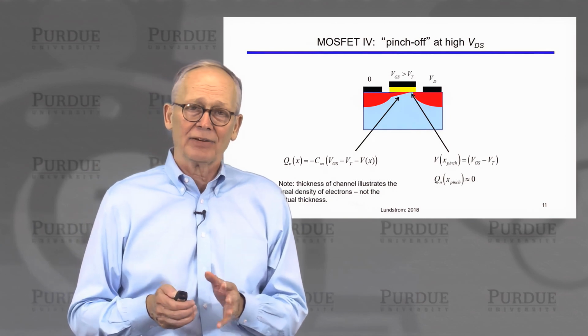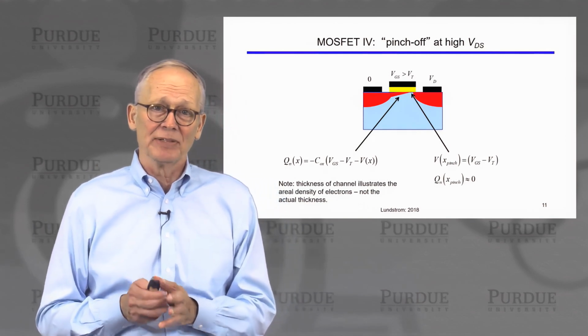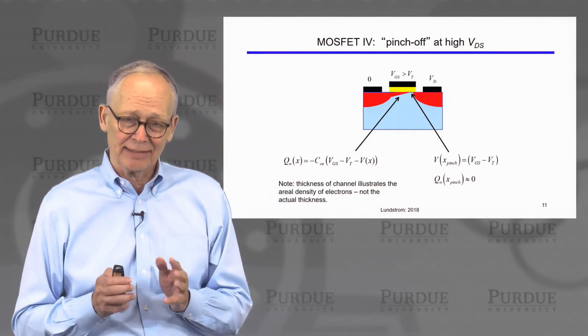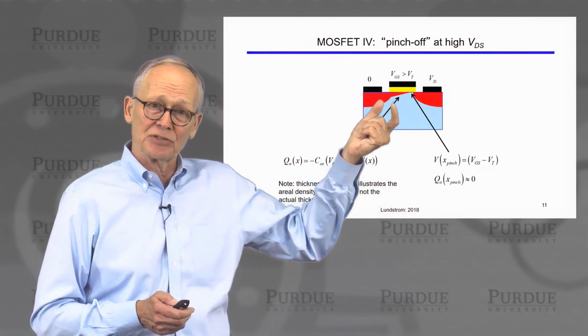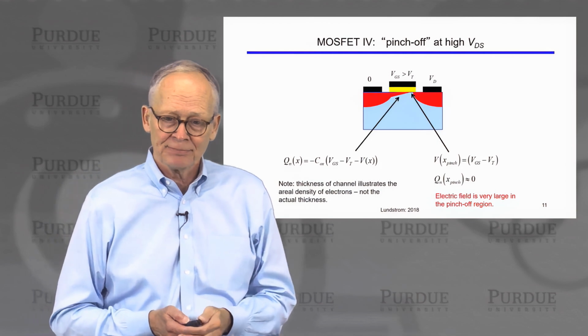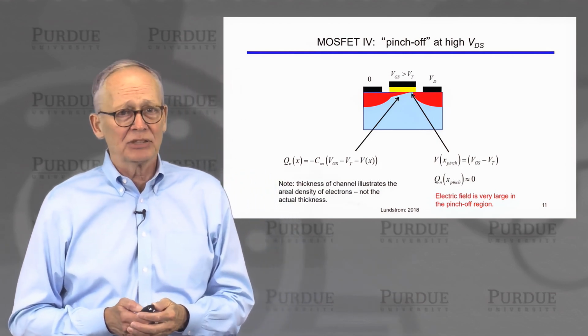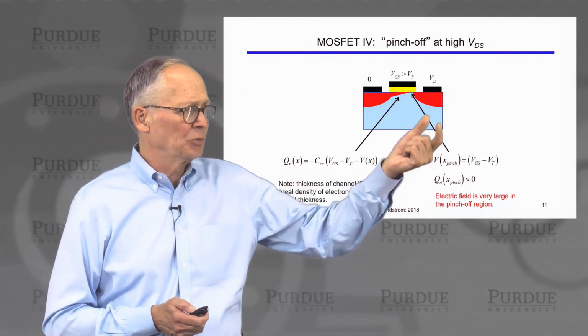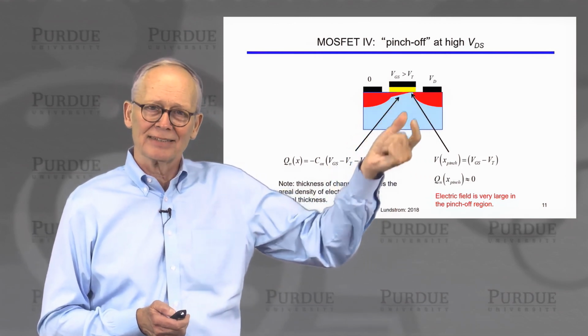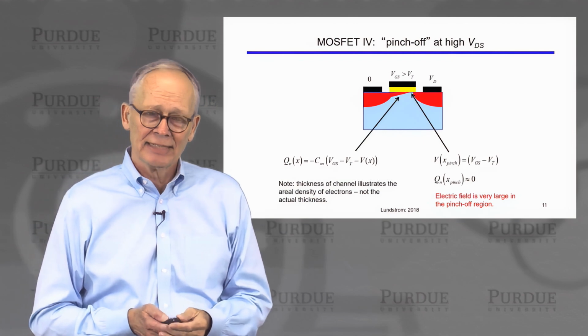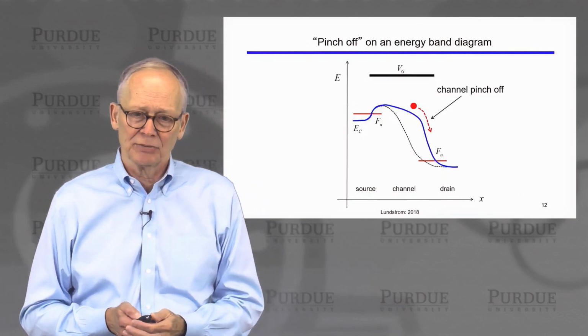And it means in order to carry the current, the charge has to be moving very fast. To get the same current, it has to be moving much more quickly than back here, where there's a lot of charge to carry the same current. So the electric field is going to be very high in this region where we say the channel is pinched off. There's no longer a significant concentration of electrons. And that's going to help the electrons go very fast.